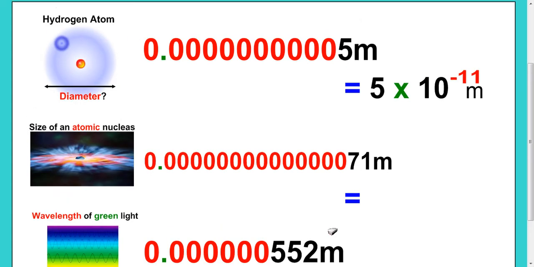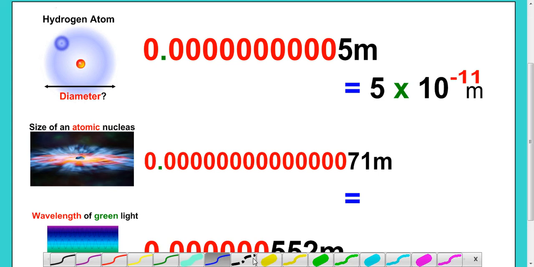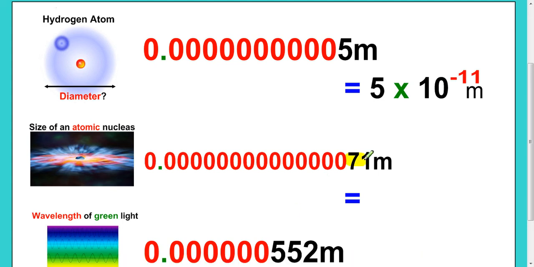So here's the second example. The first number you have to create is between 1 and 10. So let's look at the 71 there. To create a number between 1 and 10, you're going to put a decimal point in here, so 7.1 times 10. It's a small number, so it needs to be a negative power, so negative something.